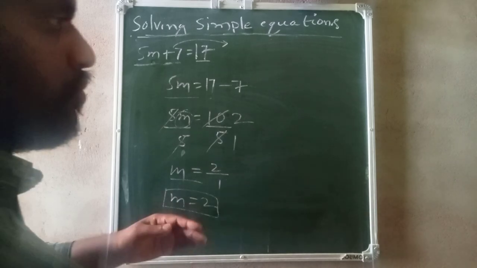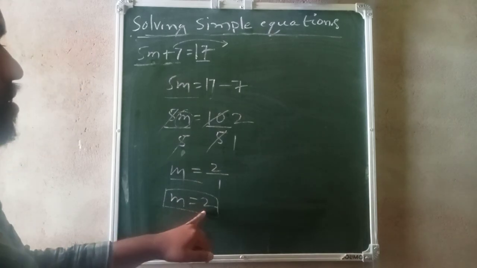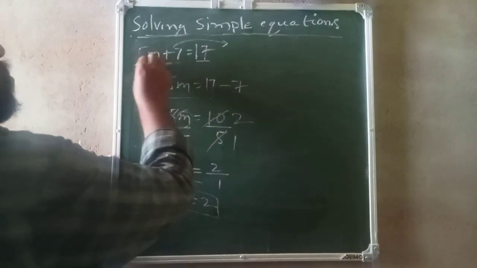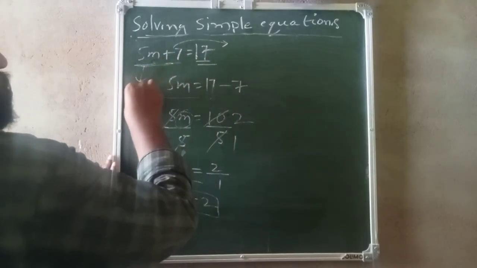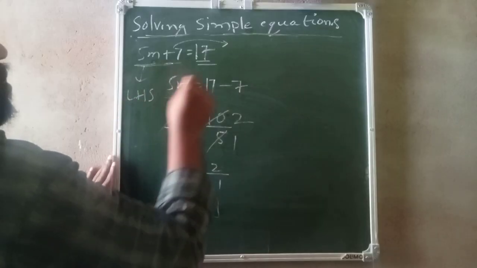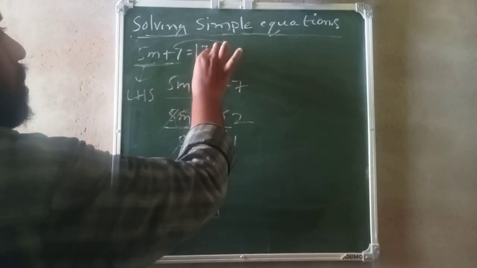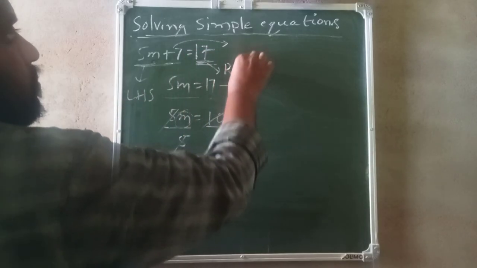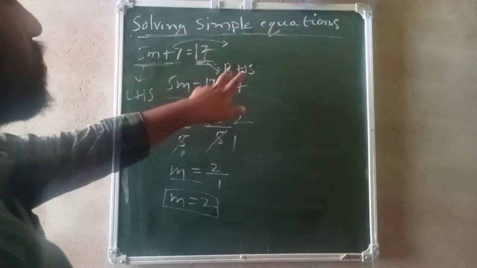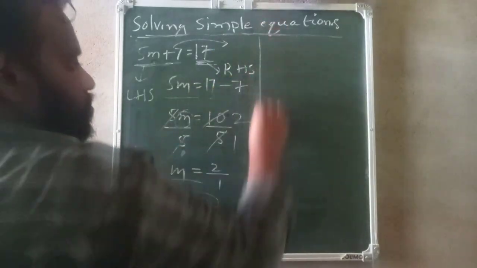Okay. Now we will check whether this answer is correct or not. Before that, whatever is before the equal sign is LHS, left hand side. Whatever is after the equal sign is RHS, right hand side.